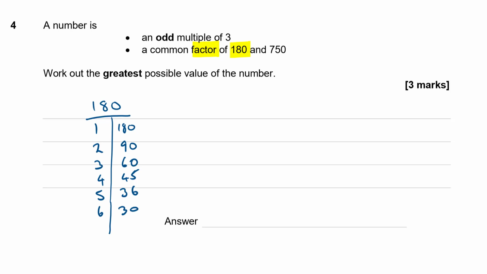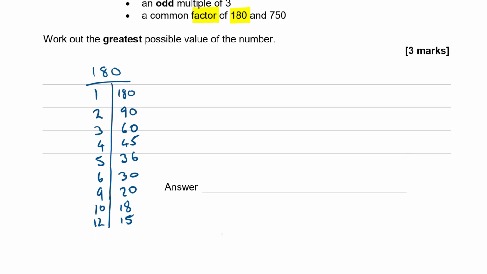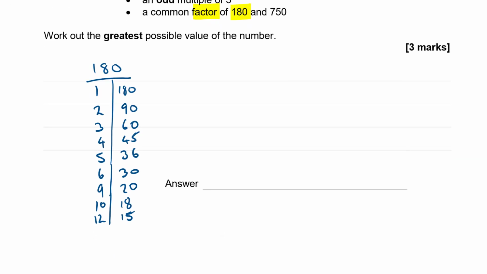It must go into 180 20 times. 10, yeah, 10 goes with 18. 11, no, I don't think so. 12 might work. 12 goes into 120 10 times, and 60 5 times. It must go into 180 15 times. So we're getting close now. 13, I don't think that's going to work. 14 doesn't work, and then I've kind of met myself coming back down the other way. So they are all the factors of 180.